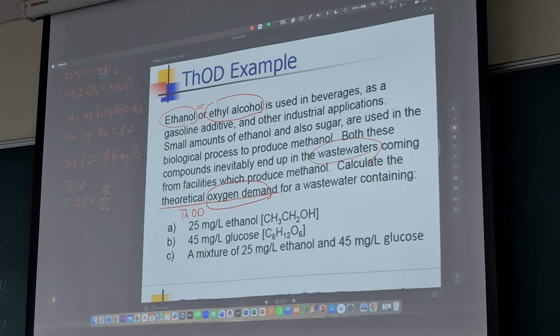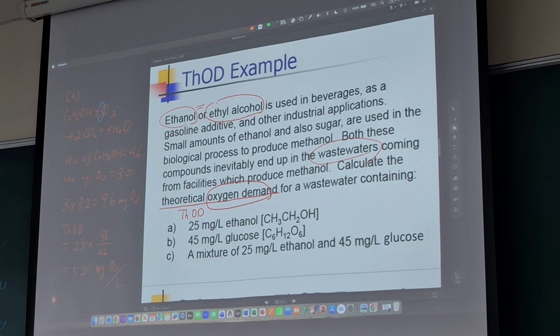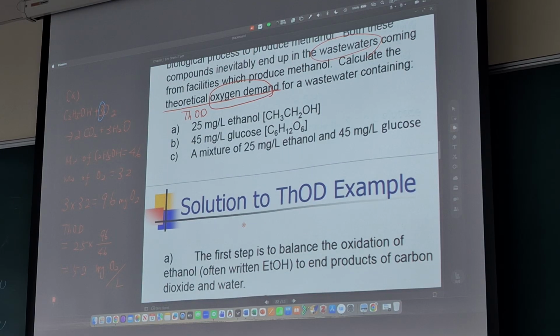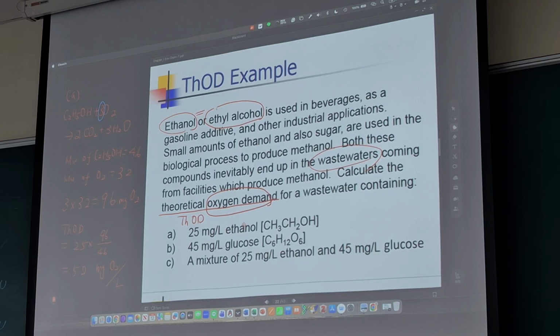So we are going to have 52 milligram of oxygen over liters. Okay, everyone?